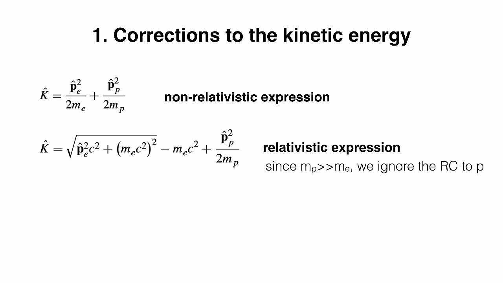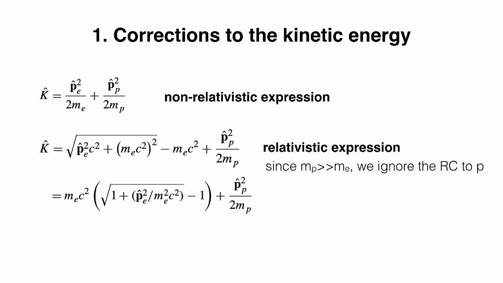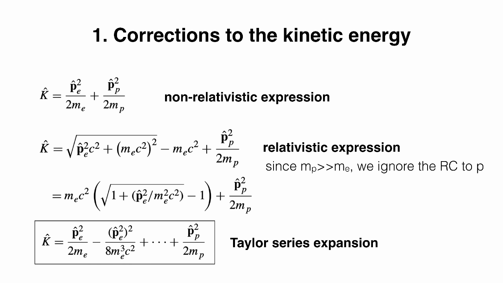We can write things this way, the way that's written on the slide, and we can of course rearrange things a little bit like this, and we find that we can use a Taylor series expansion of the correct relativistic expression and find that at 0th order the kinetic energy is indeed p squared over 2m, but in fact we have to reduce that term by p to the power 4 over 8 m cubed c squared for the electron, plus other terms.